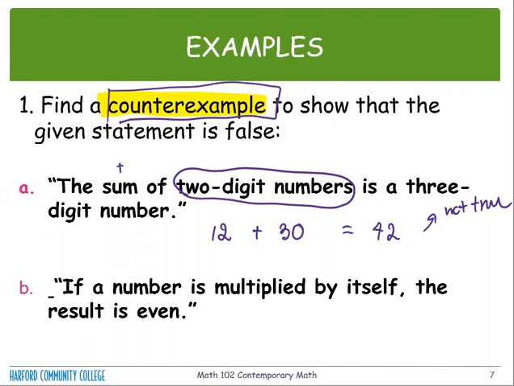For the counterexample, you pick any number and multiply it by itself. For example, I pick the number 3, 3 times 3, I get 9, but 9 is not an even number, it's still an odd number. So this is one of the counterexamples for statement B.